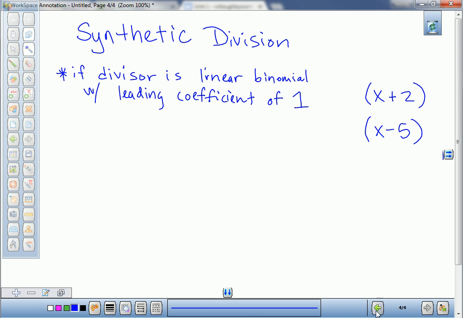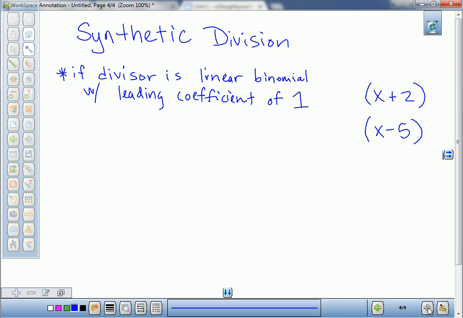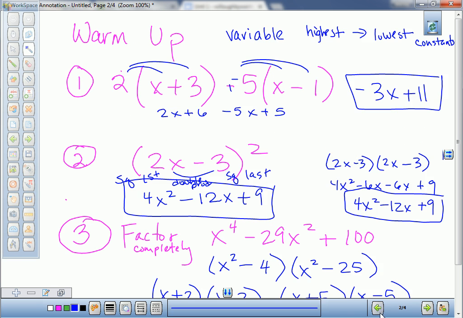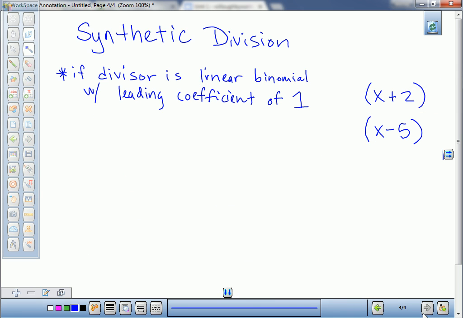Okay, so I'm going to work the exact same problem we just did, but with synthetic division. Oops, where'd it go? It disappeared. My last example. All right, I'll write it down again.